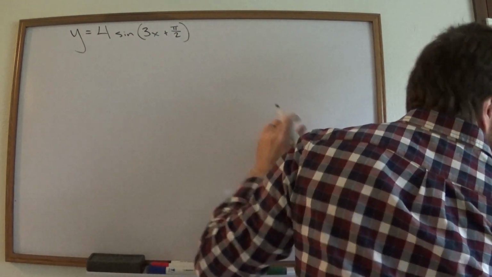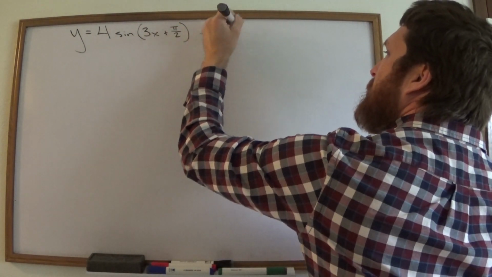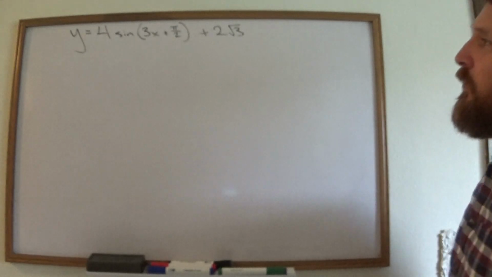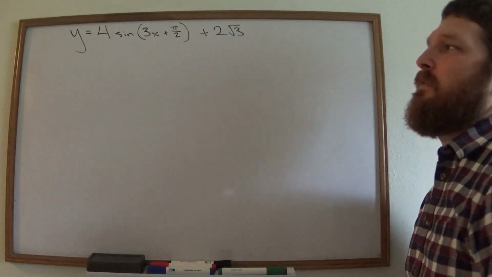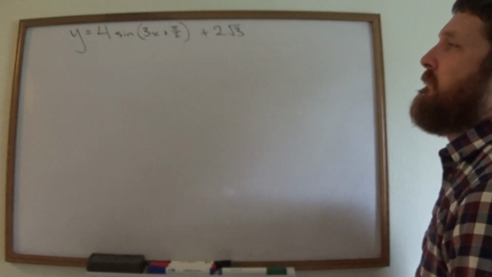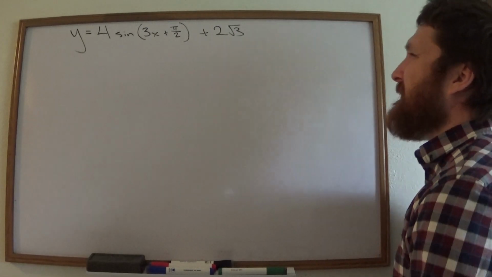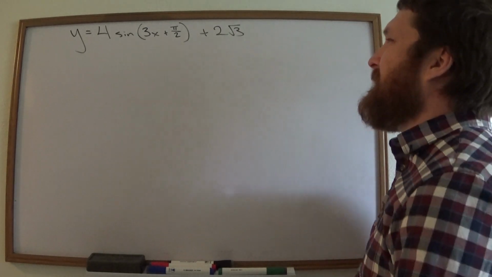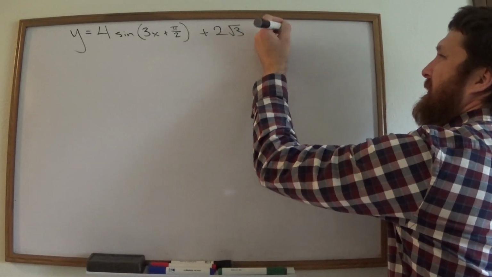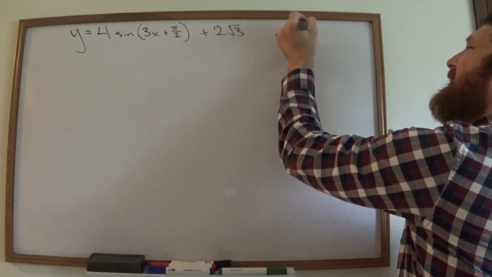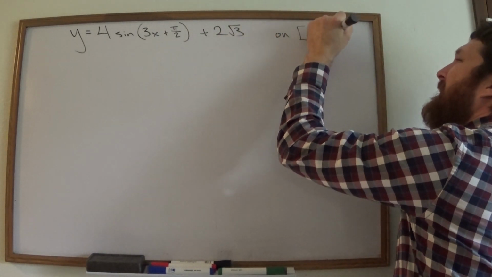How about, we're going to go plus 2. Graph on some interval, 0 to 2. We'll just leave that open for right now. We'll figure that out.